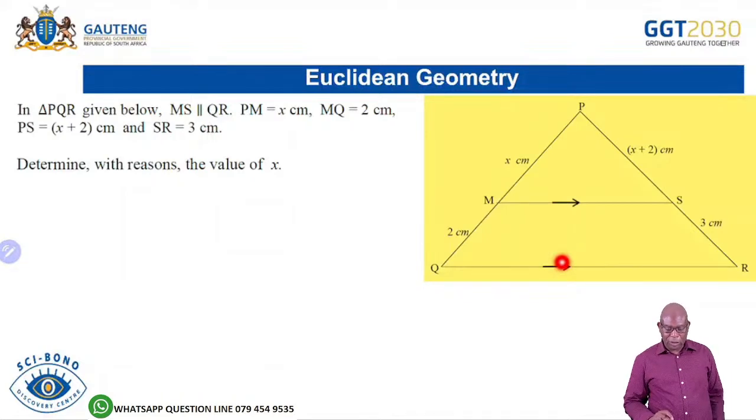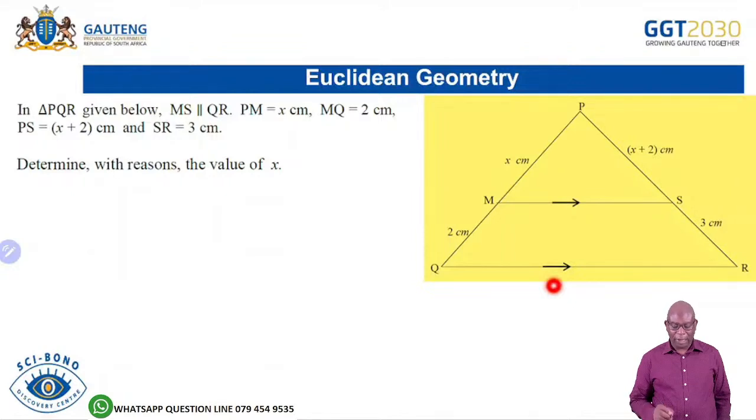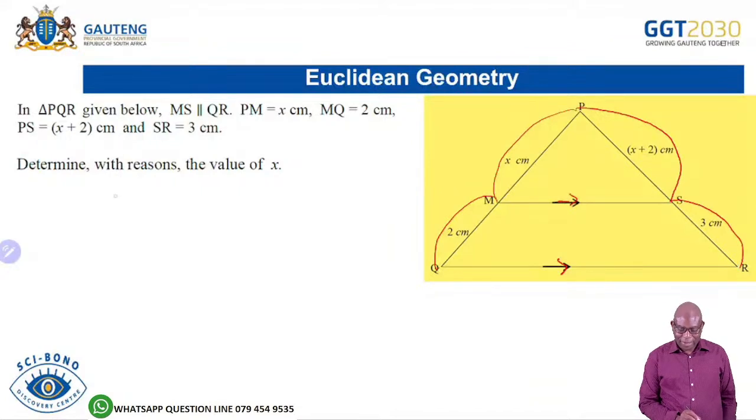Right. This is also a question in Euclidean geometry. So this is proportion. That's the one that I know you like most, because you know that if this line here is parallel to that line there, this line over that line equals to this line over that line. That's an easy one. So we can then say x over 2 equals to x plus 2 over 3.